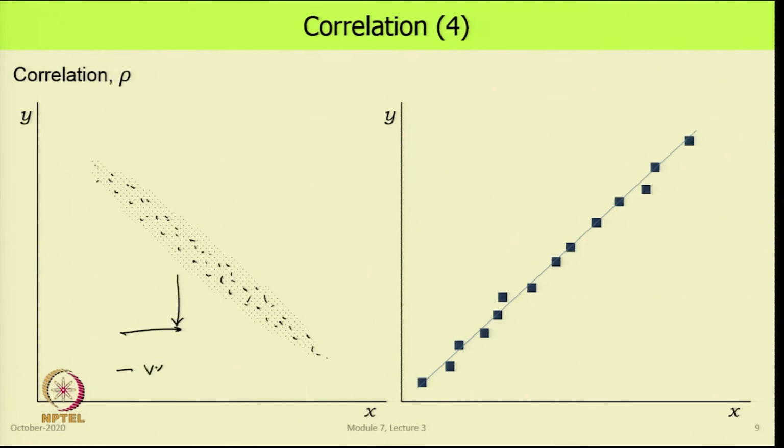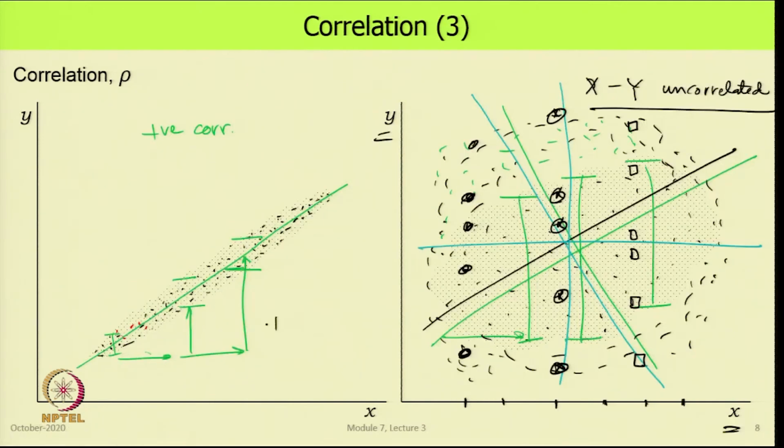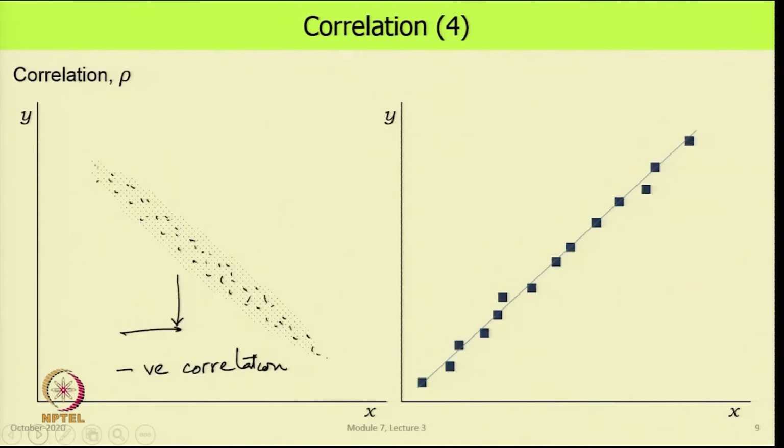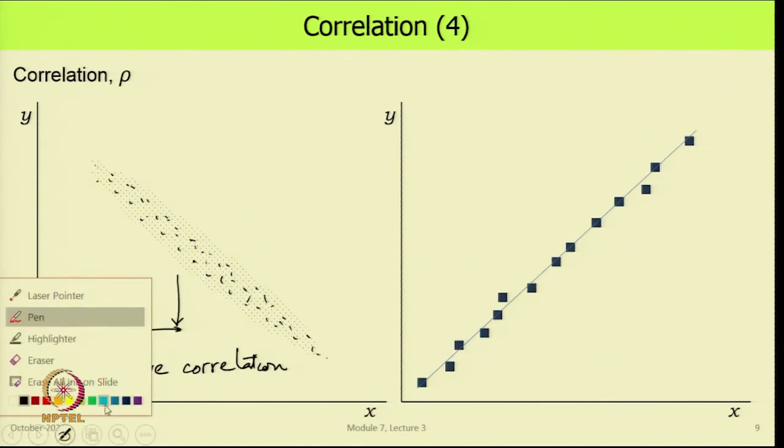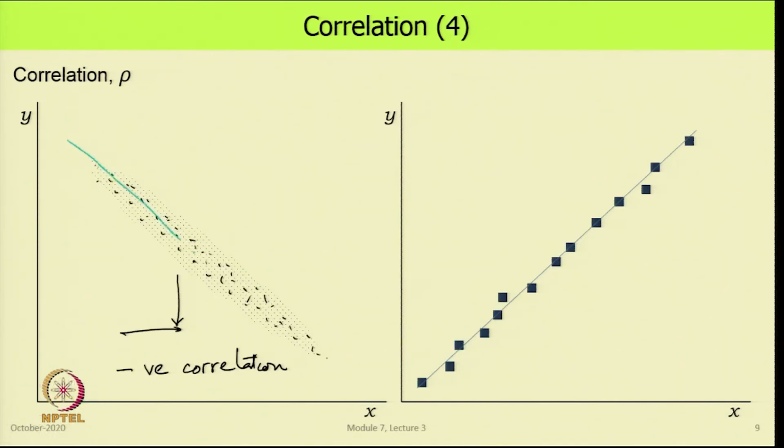So, this is an example of a negative correlation. The earlier picture that we had, this one, this was a positive correlation. And again, if we wanted to fit a regression, that is how it would go.